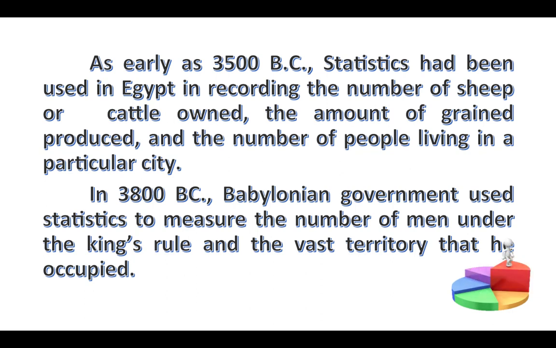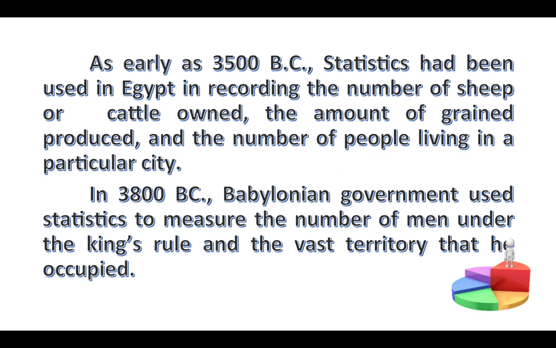So, noong 3500 BC pa lang daw, ginagamit na ang statistics ng mga Egyptians, no, sa pagbibilang ng mga sheep or cattle na pagmamayari ng isang tao, yung kinita nila sa mga harvest nila sa mga grains, at saka yung kung ilang tao yung naninirahan sa isang lugar, yung census na tinatawag.